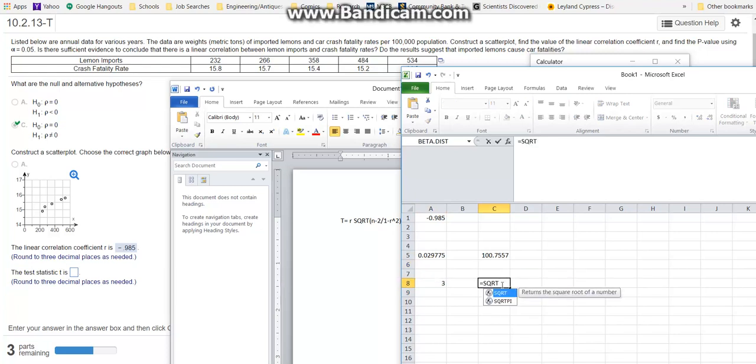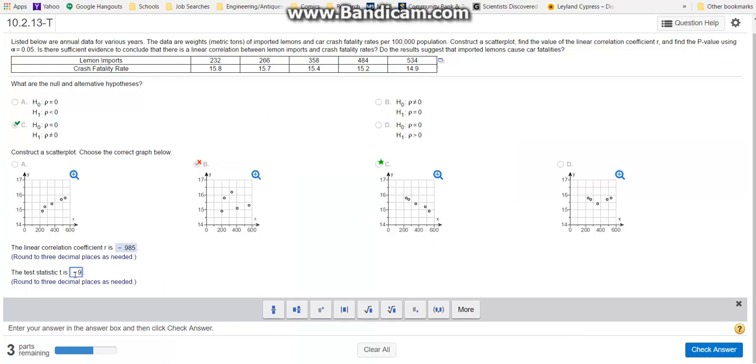And then take the square root of that result. That gives me that. And then finally multiply this result times the R value. And that gives me a test statistic of negative 9.887. So negative 9.887.